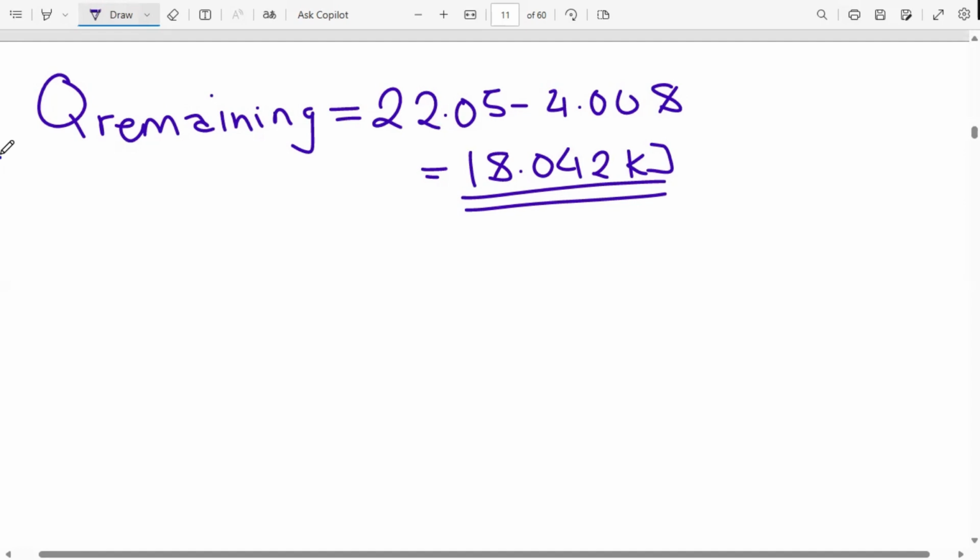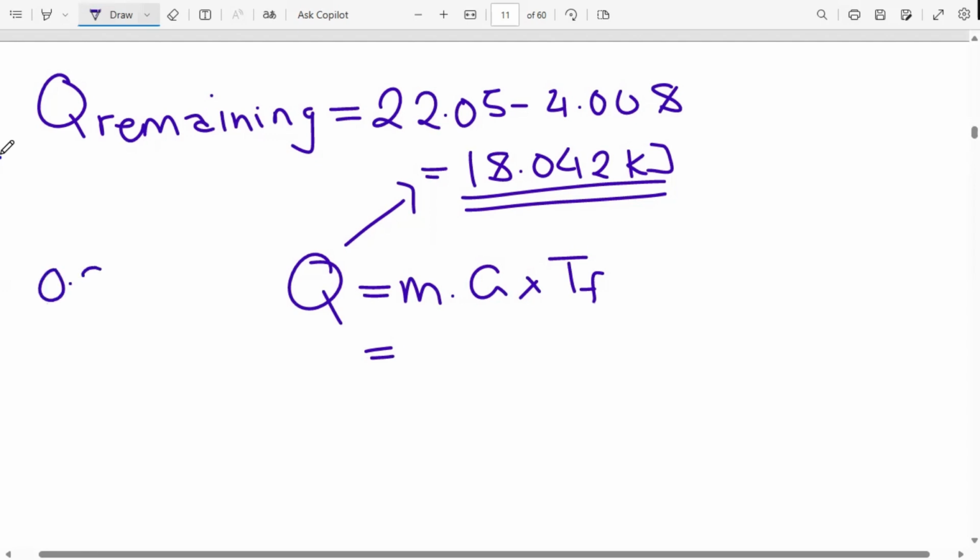So what are we going to say? We're going to say Q, which is this same remaining Q, will be equal to mass multiplied by specific heat capacity multiplied by the T final minus 0. So I'll just put T final there. This is going to be equal to the mass, which is the combined mass of the drink and the water. If I add the mass of the drink, which is 0.210 kilograms, plus the mass of the water, which is 0.012 kilograms, this gives me 0.222 kilograms.